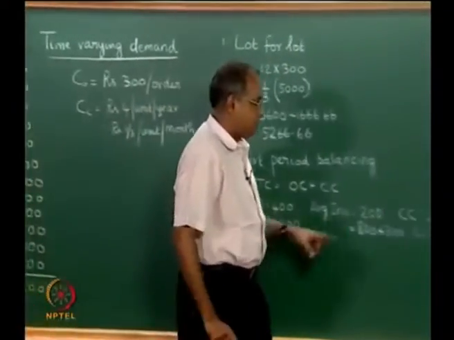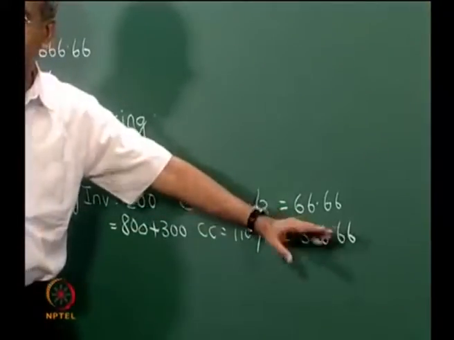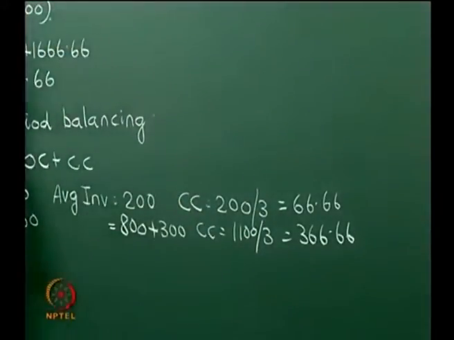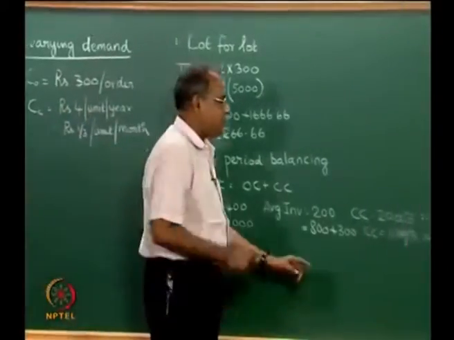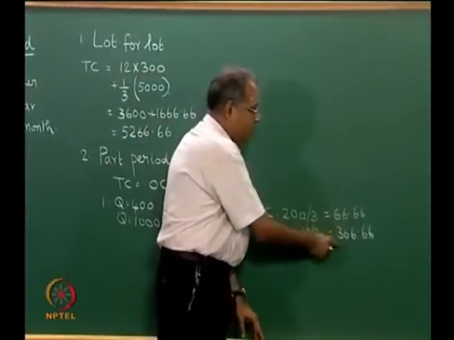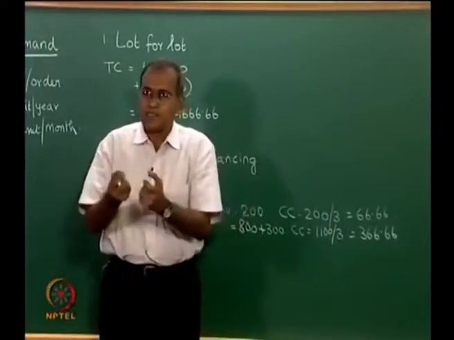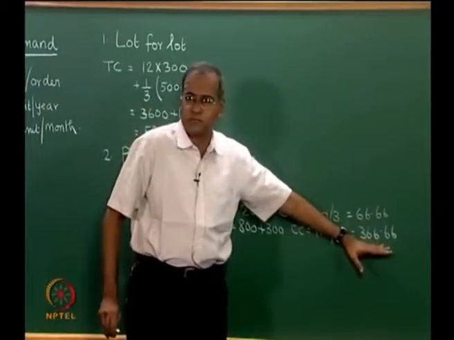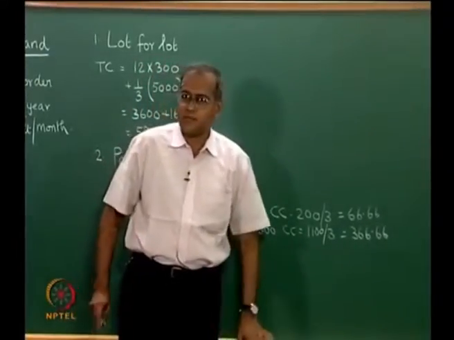Right here we observe that the carrying cost of bringing these two together now exceeds the order cost of 300. The moment the order cost is exceeded, we stop there and decide whether we choose this 66 or this 366.66. Common sense tells us that we choose 366.66 because it is closer to 300 than the 66.